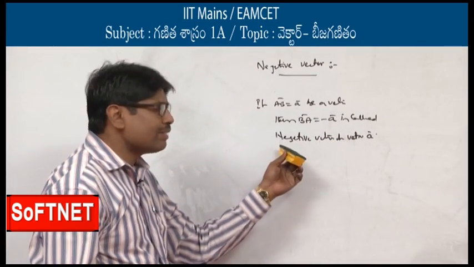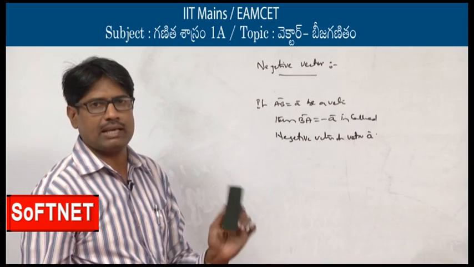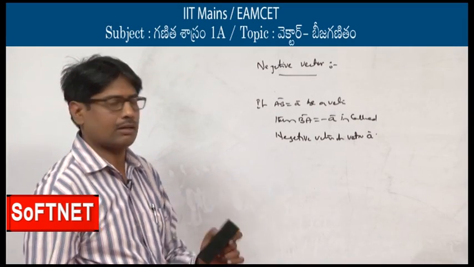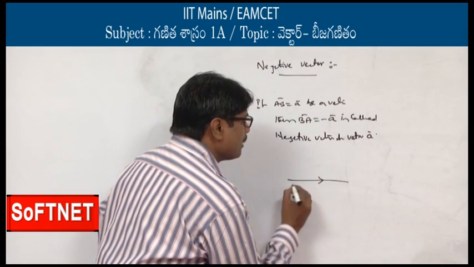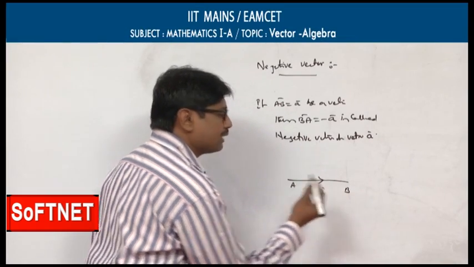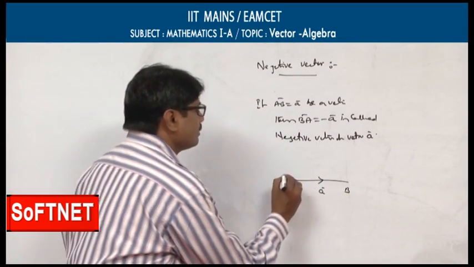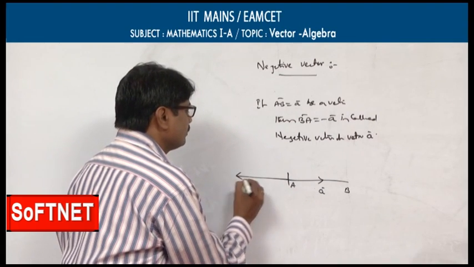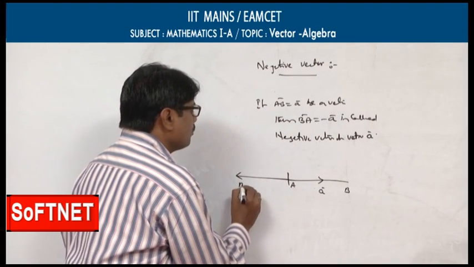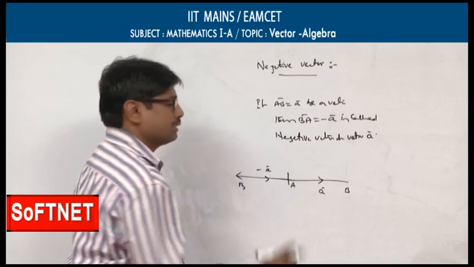So a negative vector will be in the opposite direction of the given vector. For example, AB bar is equal to A bar, and in the opposite direction, BA bar will be equal to minus A bar.